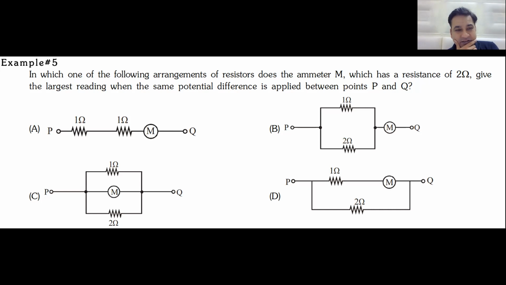It also has its resistance. Potential difference is the same. In which case does it read the maximum value? Again, a question of your understanding. This is how questions are framed in JEE. 2 minutes. It is very simple.